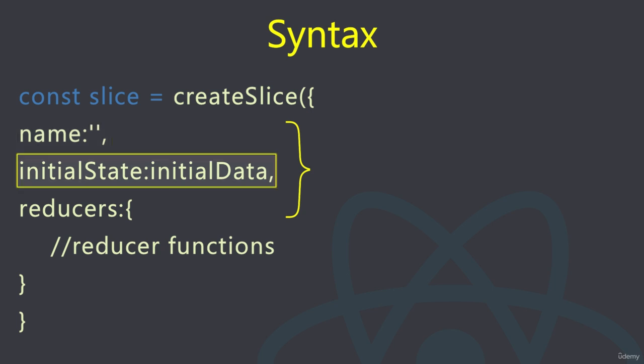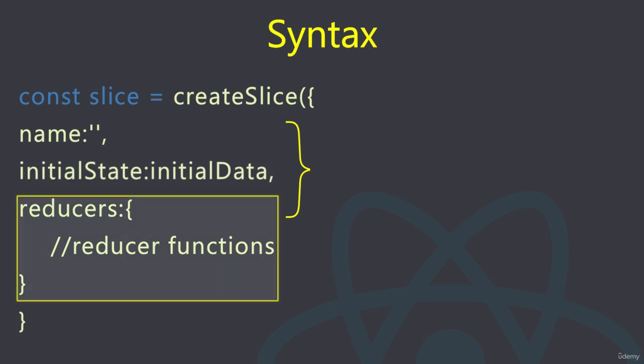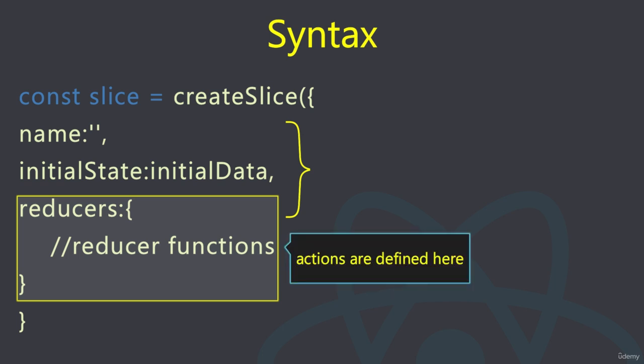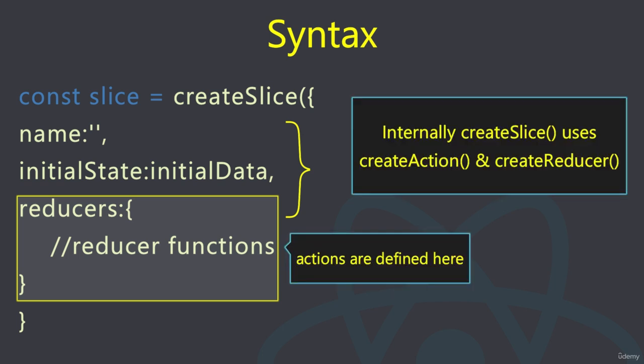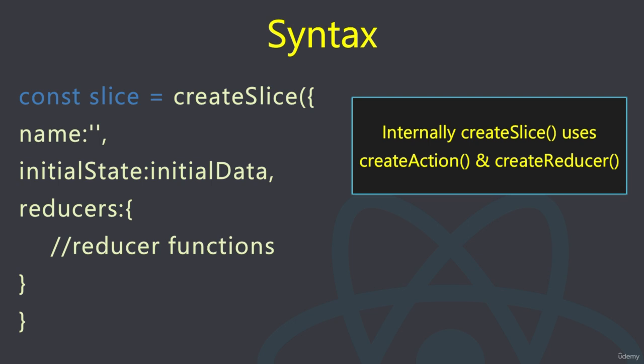Then you have the initial state, where you actually initialize the state values. And then you have the reducers, that is the reducer functions, that is basically the actions you define in it. Internally, the createSlice uses createAction and createReducer methods. So the created reducer and actions you can export at the end.